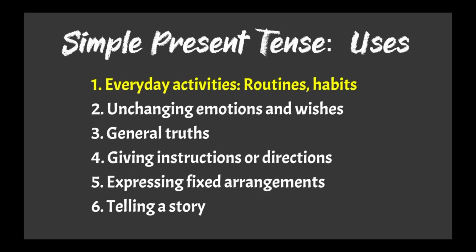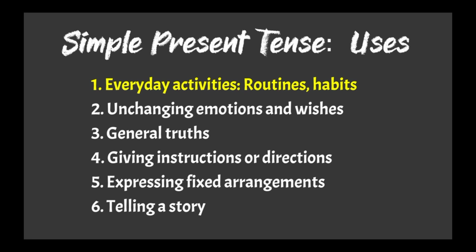Now, this is the most important part of the simple present tense explanation, and that is its uses. The first one, highlighted in yellow, is the most important usage: everyday activities, routines, and habits.